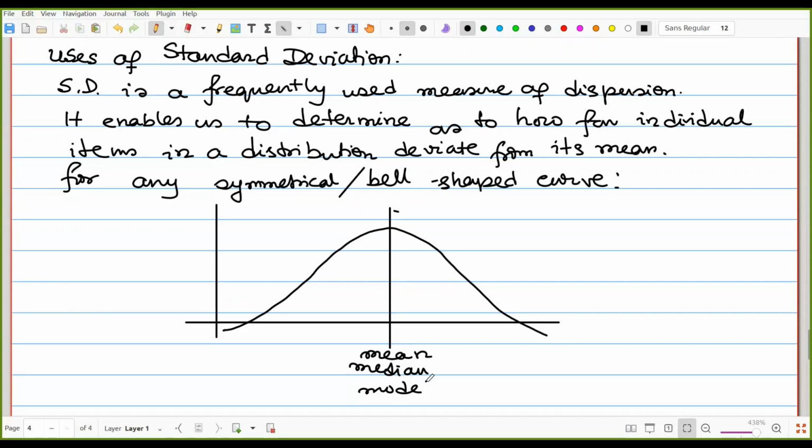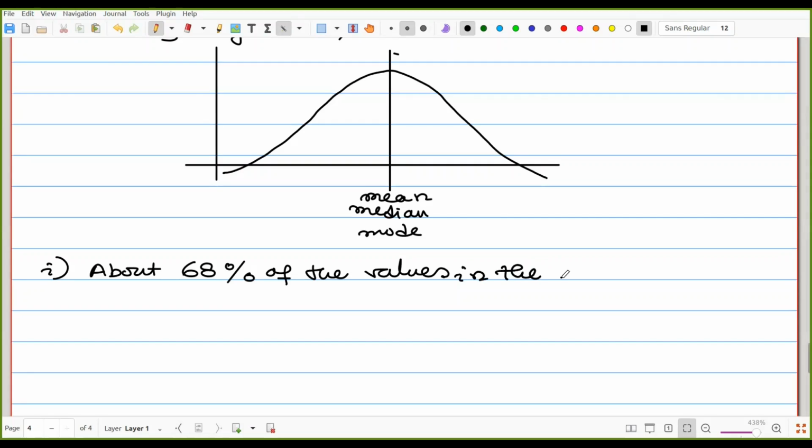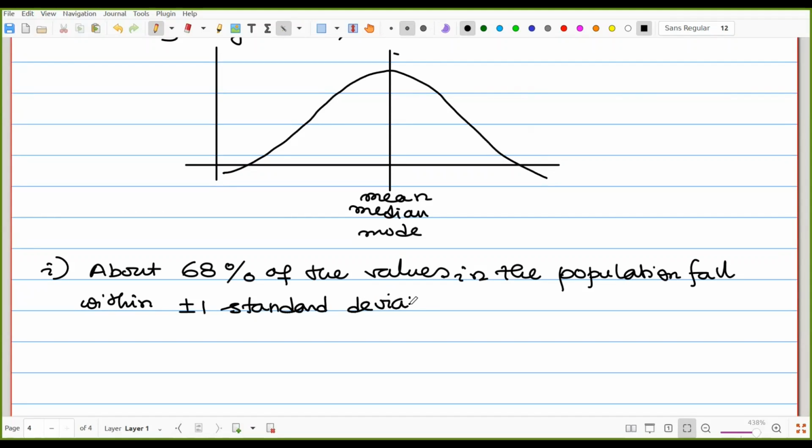So in that case, what does the standard deviation give us? The very first one, about 68% of the values in the population, meaning the data in the population, fall within ±1 standard deviation from the mean.